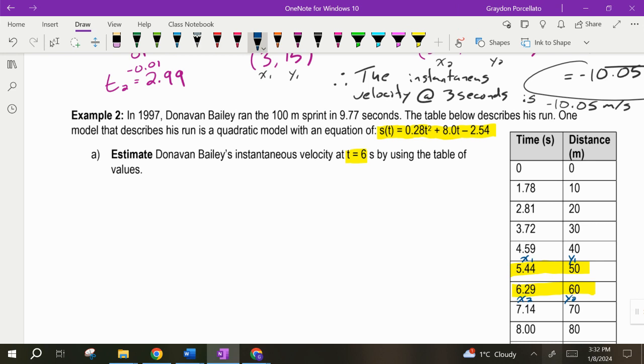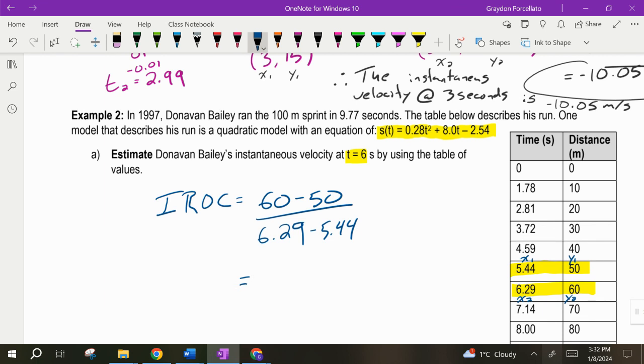So our slope, or our IROC, instantaneous rate of change, is equal to 60 minus 50 over 6.29 minus 5.44. You can type that into your calculator, or I'll do 10 over 0.85, which is equal to 11.76 meters per second.